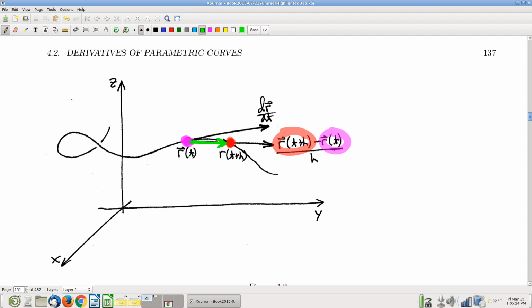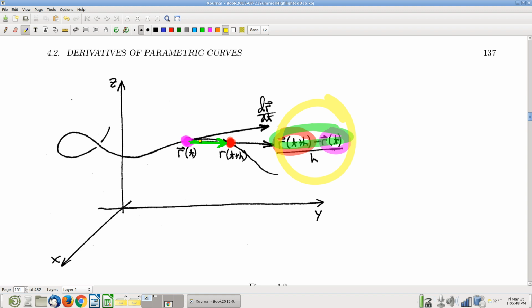Okay. All right, now what happens when you divide by h? Well, dividing by h, let's see here, so the difference is in green. Dividing by h, as h approaches 0, it's probably going to be smaller than 1, so dividing by this small number is going to make the vector longer.